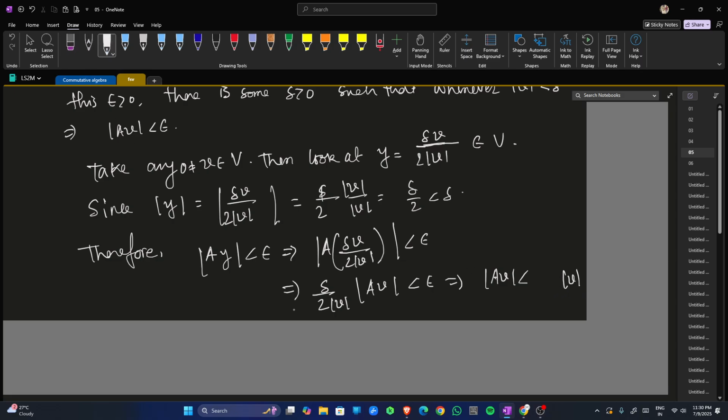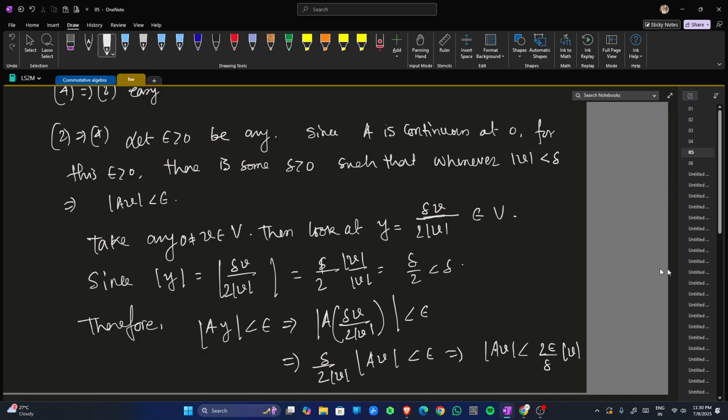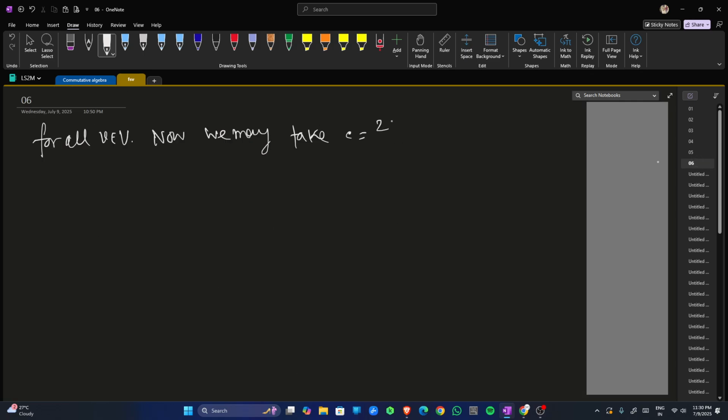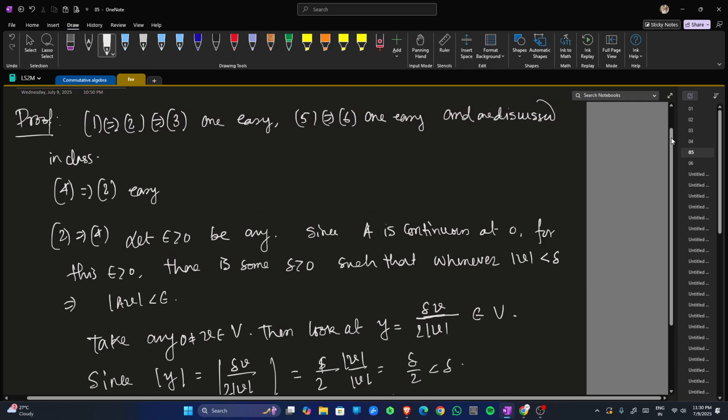Yes, it's my mistake. 2 epsilon by delta, yes. Is it fine then? So is it unique or not? Of course not. You may take any number greater than this. What do we have? 2 epsilon by delta. So we have proved.